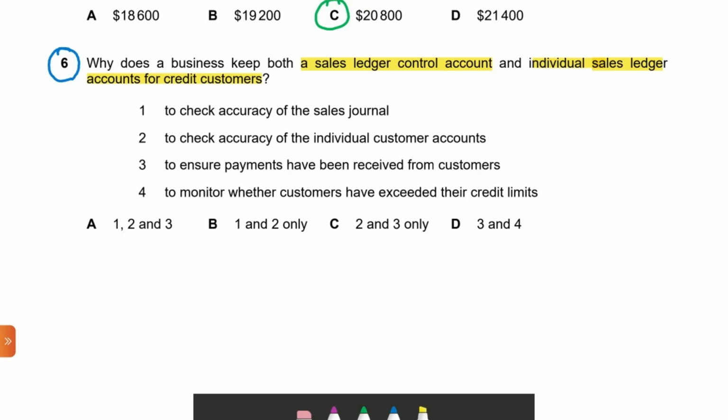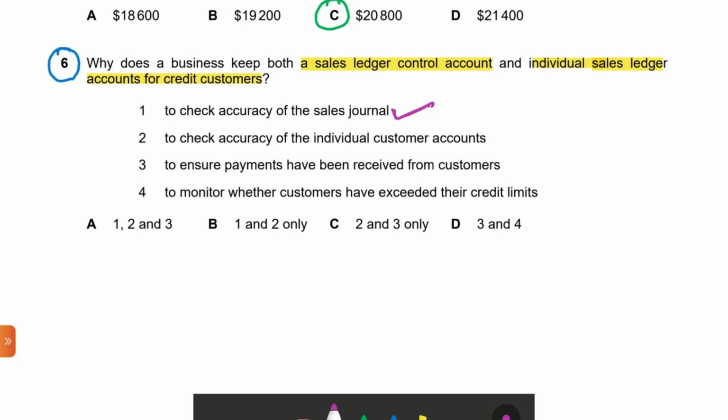So why does the business keep this? Let's check. To check accuracy of the sales journal. That is correct. We have to check the accuracy of the sales journal. That's why the business is preparing both books.